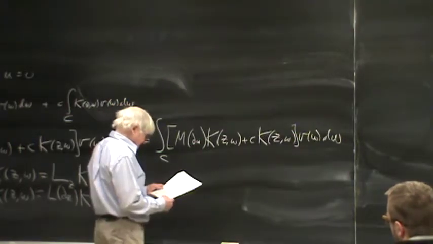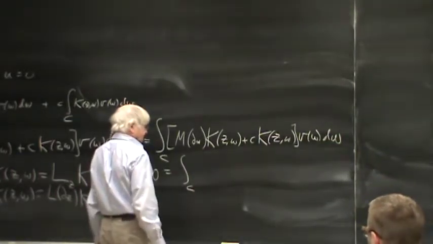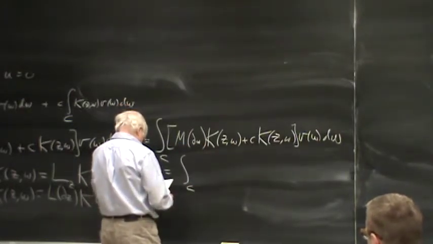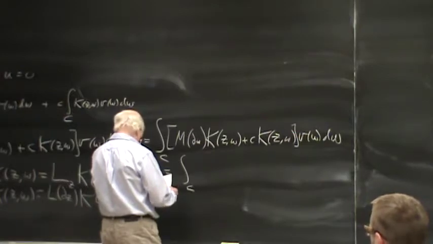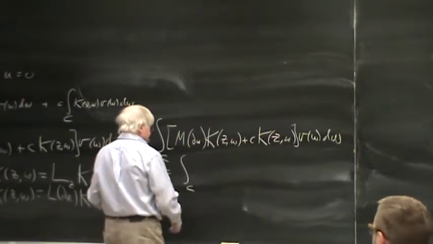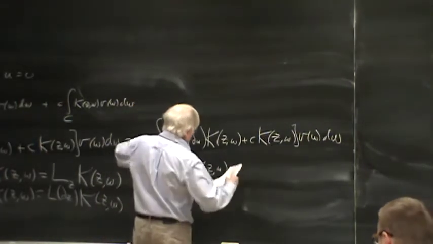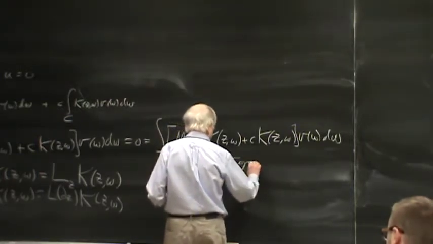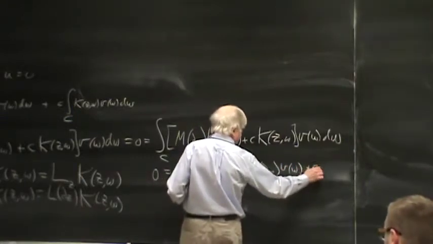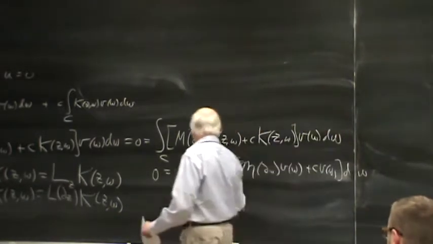And when you integrate by parts, you get a contour integral of K of Z and W, and then whatever happens when you integrate, let me call this script M of dW acting on V of W plus C V of W dW equals 0.